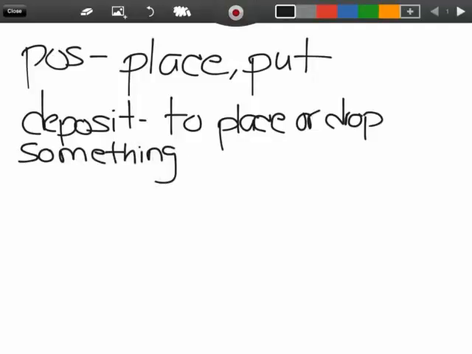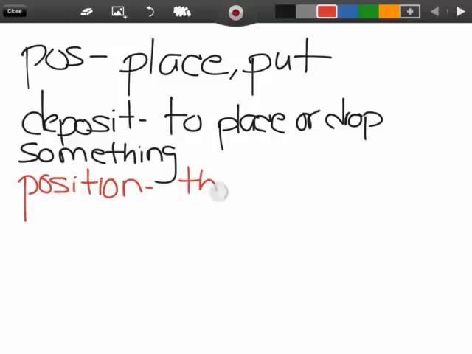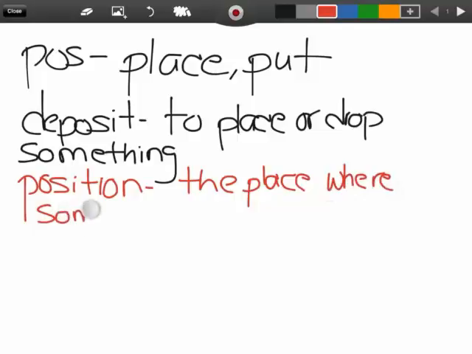My next word is position, and position means the place where someone is.